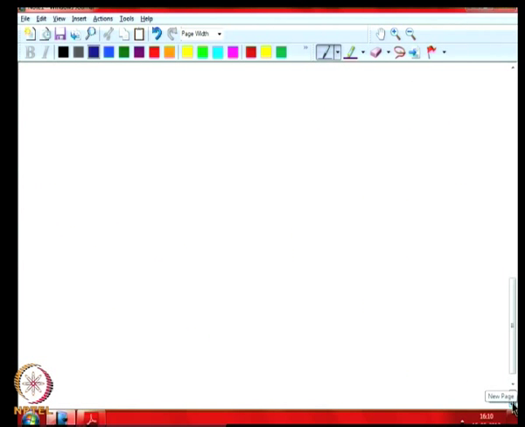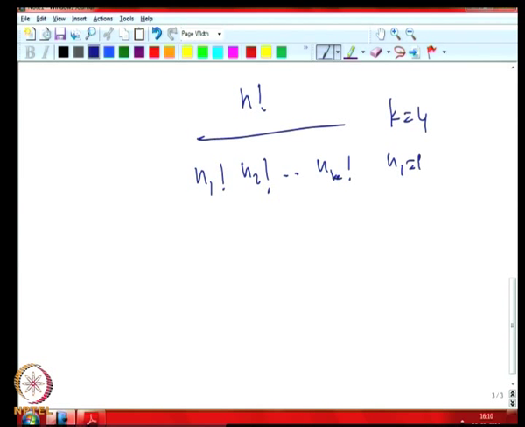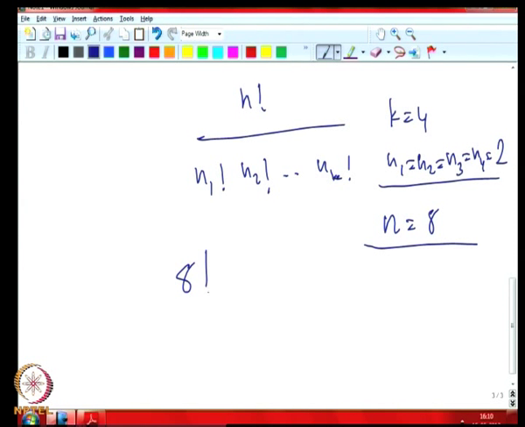This is by using the formula n factorial by n1 factorial into n2 factorial into nk factorial, because k is equal to 4 here, n1 equal to n2 equal to n3 equal to n4 equal to 2, and n equal to 8, 4 times 2.